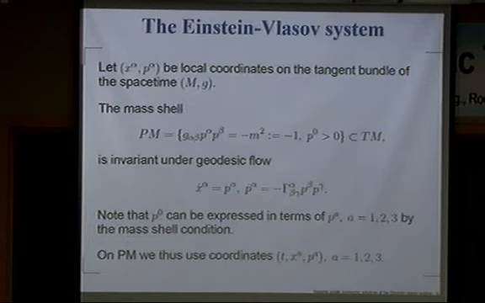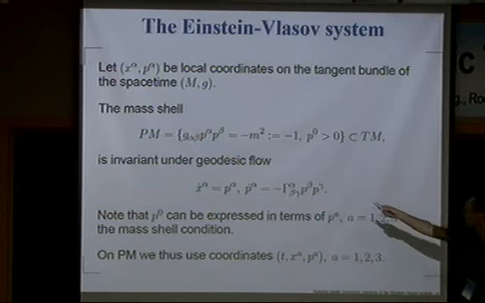And generally, before I go to a particular problem we are studying, how do you formulate the Einstein-Vlasov system? So you take some local coordinates, x and p, in the tangent bundle of the space-time, and you define the mass shell to be those four-momenta satisfying this relation.